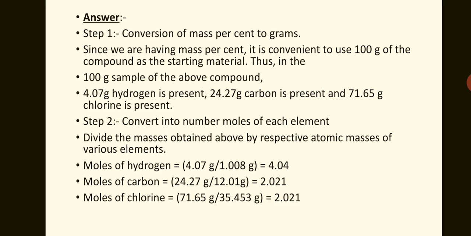Now moles of carbon: 24.27 gram divided by 12.01 gram. So if you divide 24 by 12 you will get 2.021, and 12 is the atomic mass of carbon in gram. 24.27 is given to you.